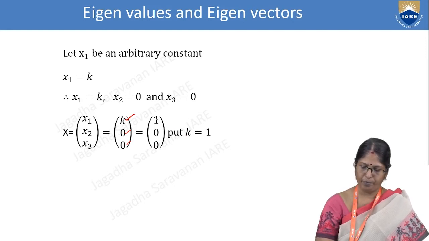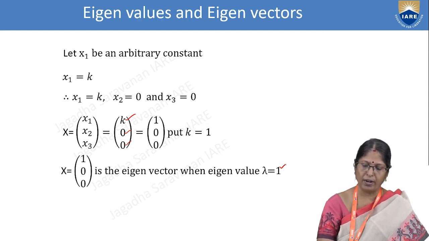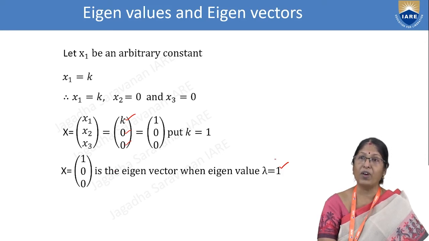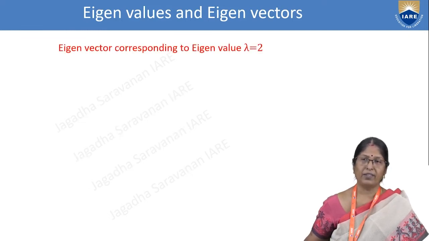So when lambda equal to 1, we got the eigenvector, that is 1, 0, 0. 1, 0, 0 is the eigenvector when eigenvalue lambda equal to 1. Next, eigenvector corresponding to eigenvalue lambda equal to 2.